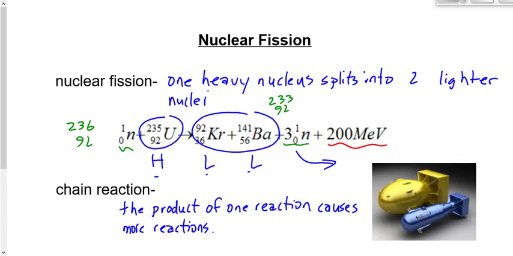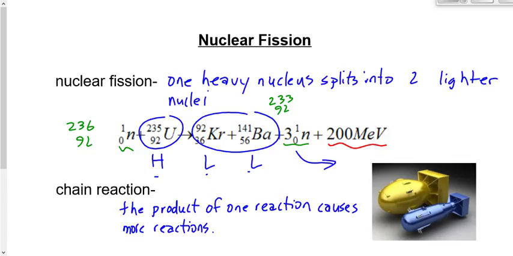And if we engineer it properly, then we can cause those 9 neutrons to react with 9 more uraniums, which causes 27 neutrons, and 81 neutrons, and 243 neutrons, and so on, and so on.